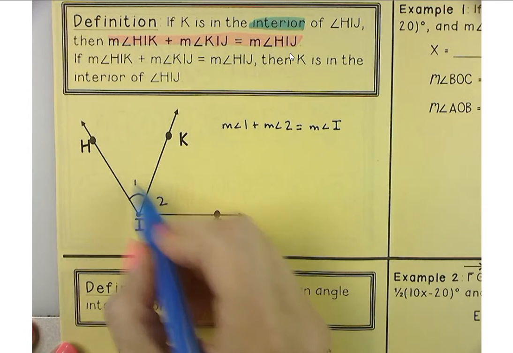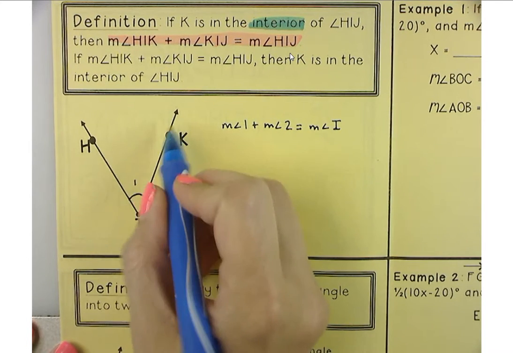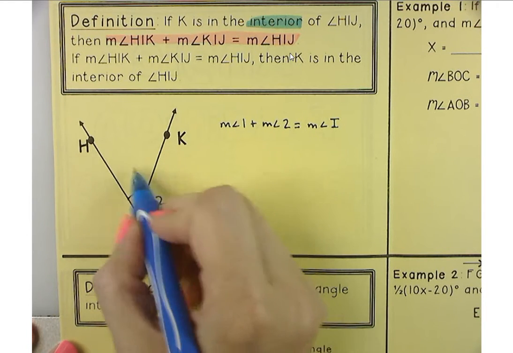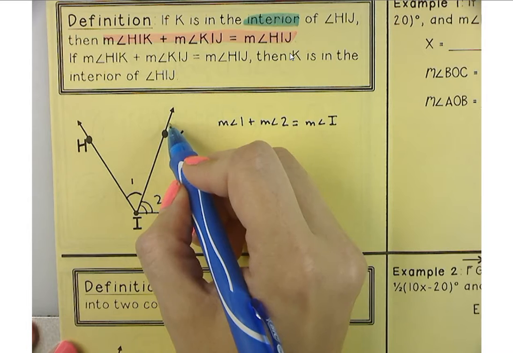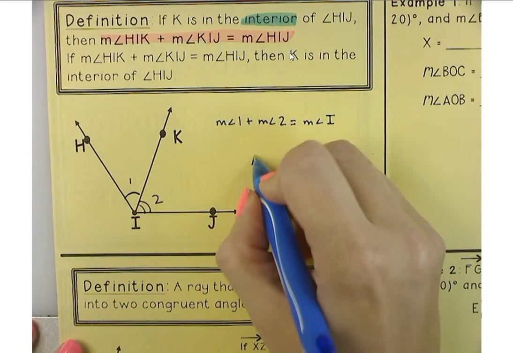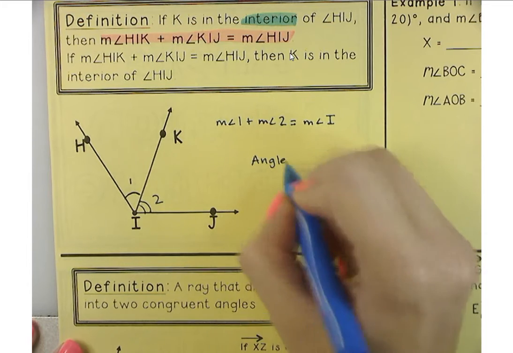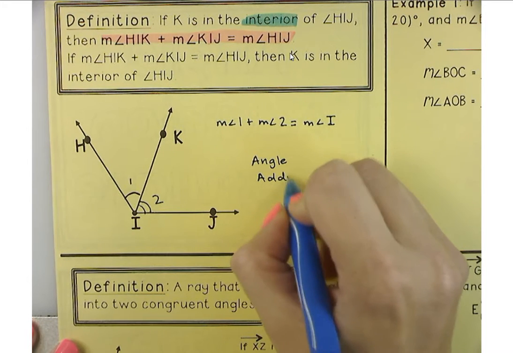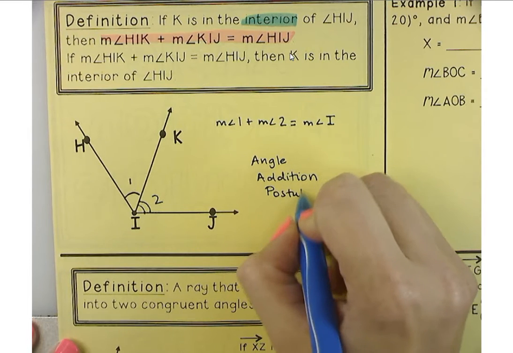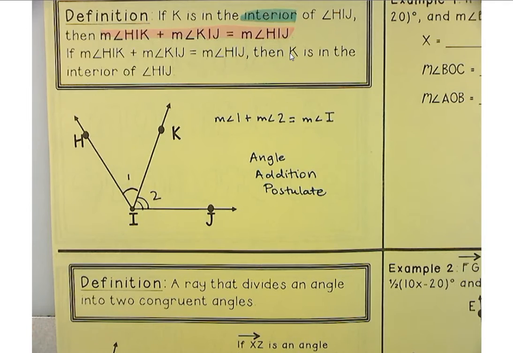If you have two adjacent angles, and adjacent means right next to, when you have these two angles right next to each other, if you add 1 to 2, you're going to get that large angle. Again, this is called the angle addition postulate. It's very similar to the segment addition postulate that we had, but now we are looking at the relationship with angles.